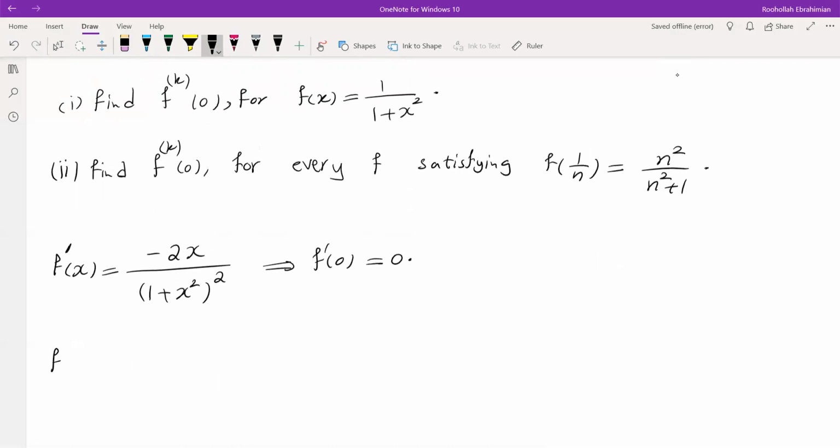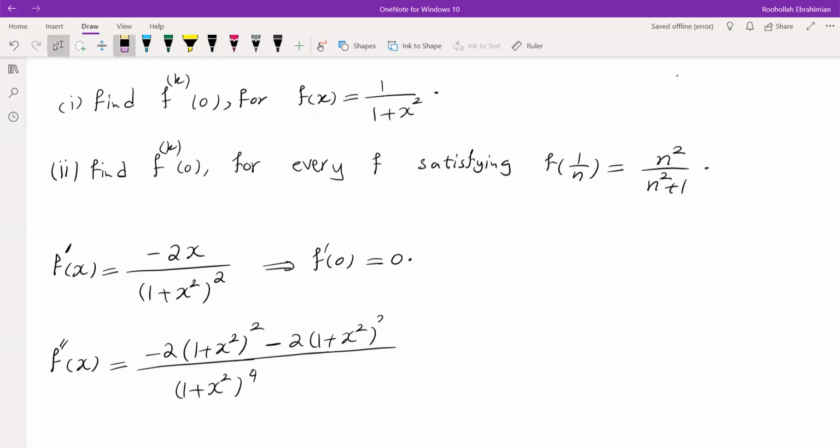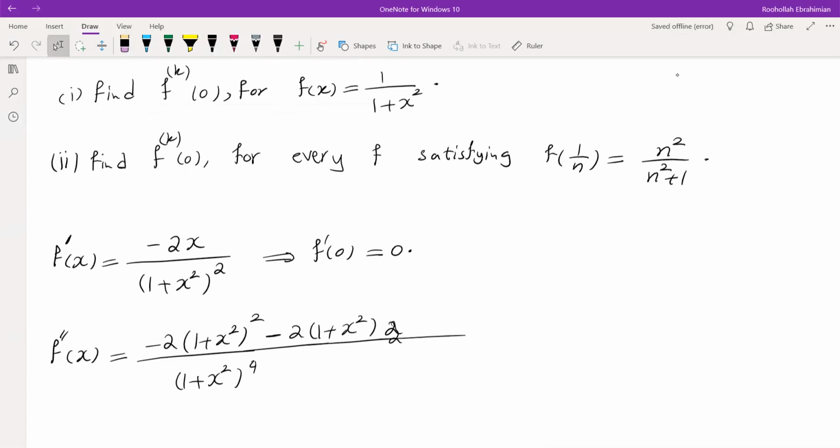But we could start doing f double prime. That would be a bit more challenging, but still manageable. So I'm doing the quotient rule again. Derivative of numerator, which is -2, times denominator, minus derivative of denominator, for which I have to use the chain rule, and then times numerator, and then over denominator squared.